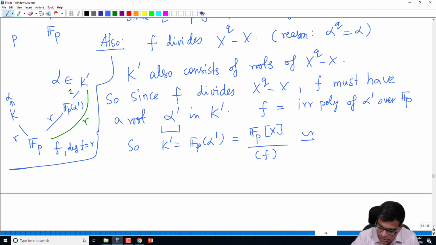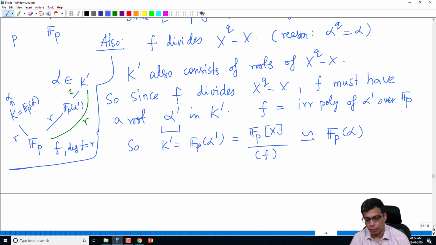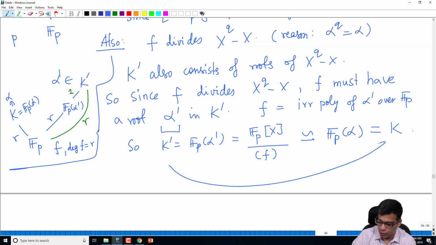But this is also the same as Fp(alpha), because Fp(alpha) is also obtained by going modulo the irreducible polynomial of alpha, which is F, but of course that's k. Okay, so k is isomorphic to k prime as required. So this completes the proof of part B.